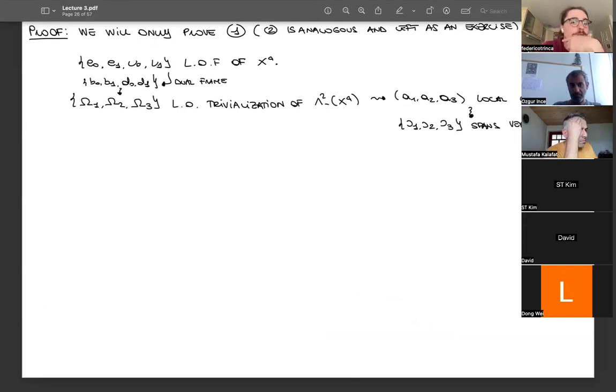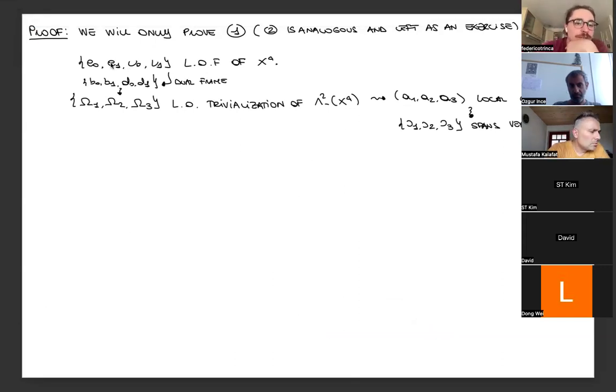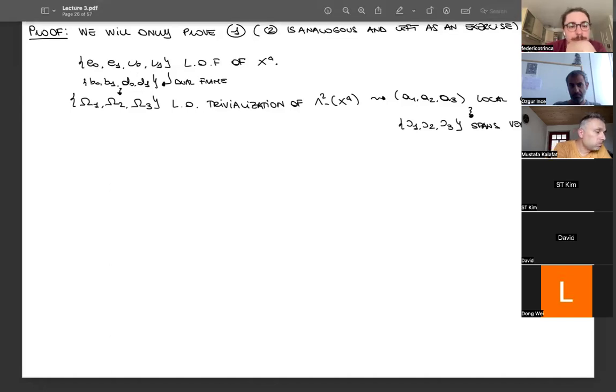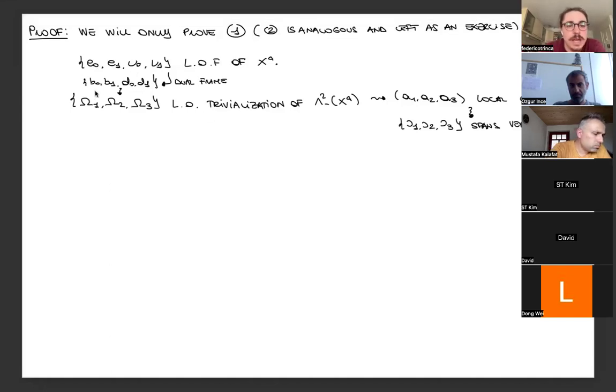So if we consider the local orthonormal frame above, E0, E1, E2, and E3 with dual frame B0, B1, B2, B3, then as usual we have omega-1, omega-2, omega-3, a local orthogonal trivialization of the bundle, and so local coordinates and vertical space D1, D2, D3.